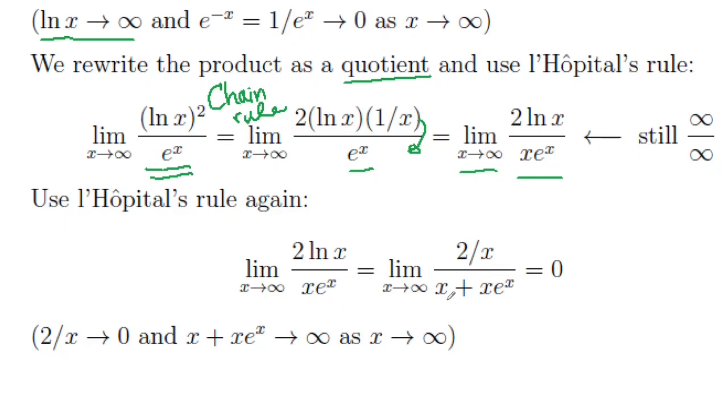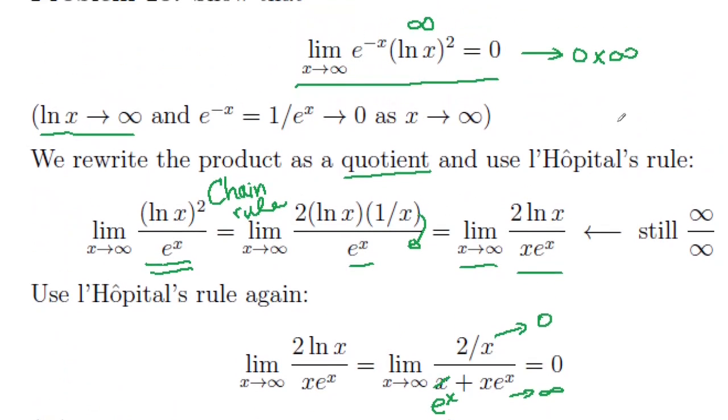Derivative of x is 1 times e to the x, plus the x times derivative of e to the x, which is just e to the x. Now, as x goes to infinity, the top goes to 0, and the denominator, the whole thing goes to infinity, and that's about as 0 gets, so the answer is 0, just as we wanted to show.